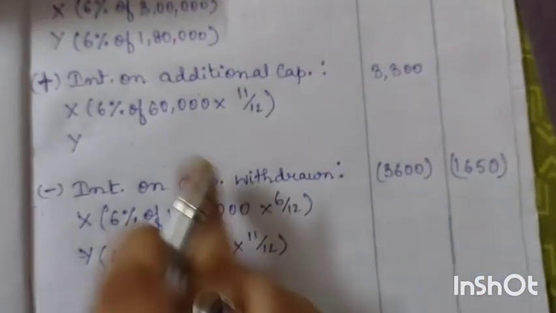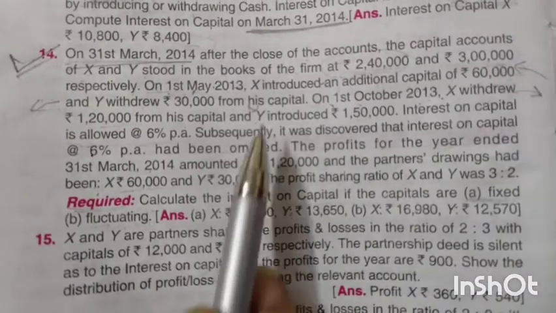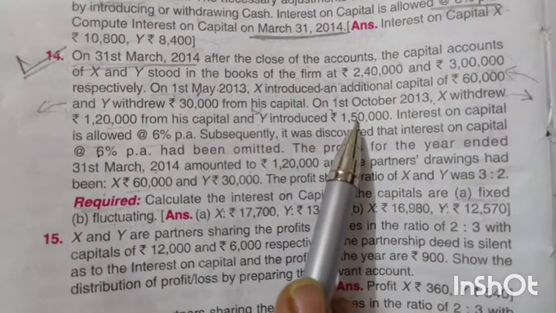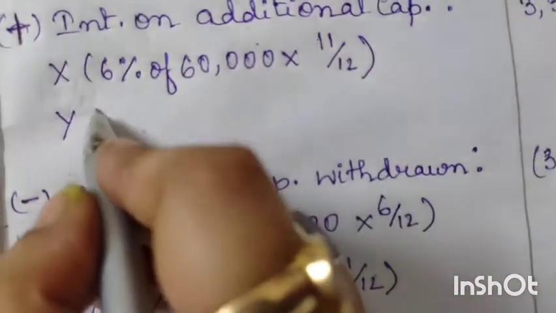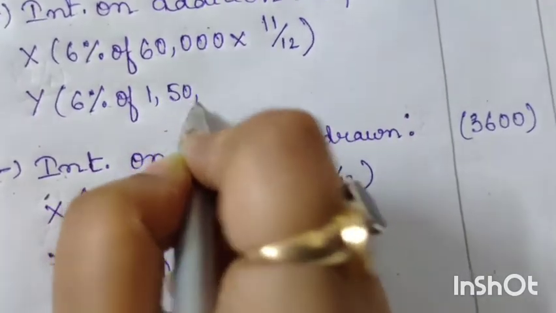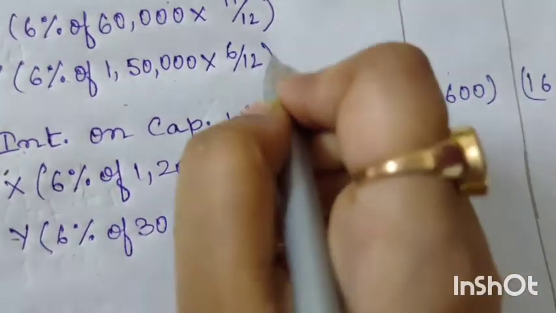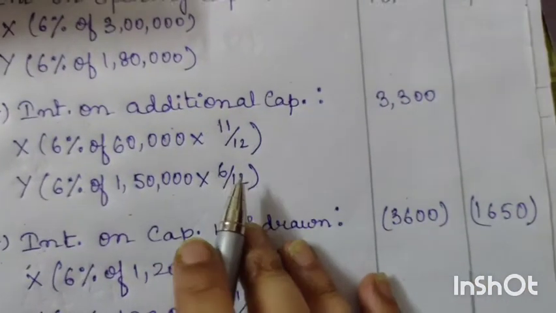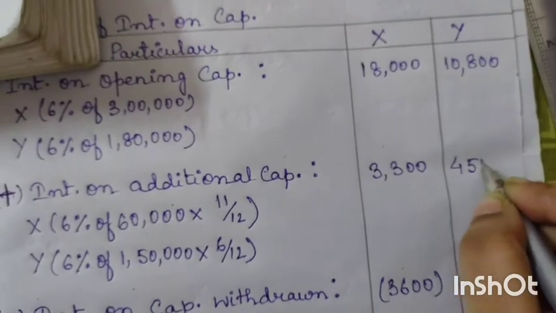Now on the same date, Y has brought in money. Clearly written, Y introduced 1,50,000. So here we can write 6% of 1,50,000. The period will be same, into 6 by 12. So if we make the calculation, we will get 4,500.